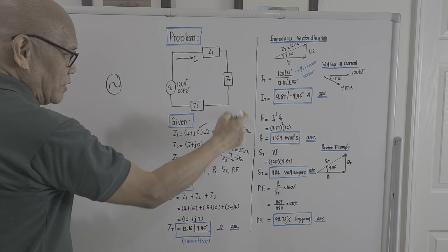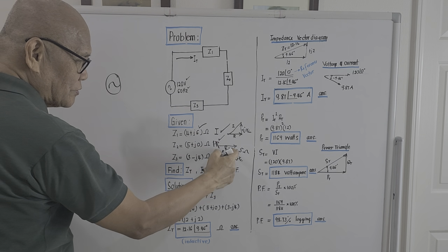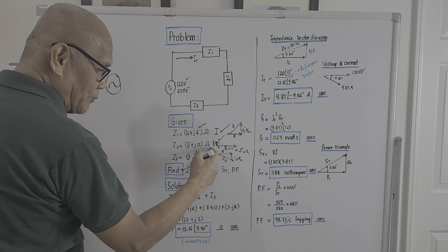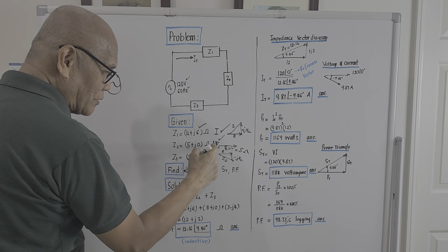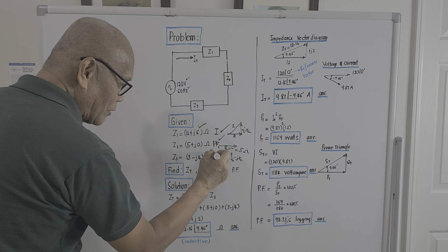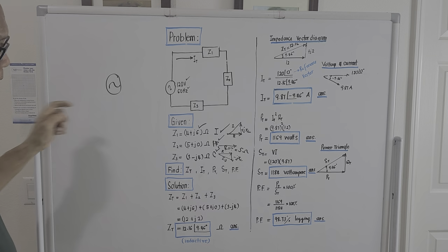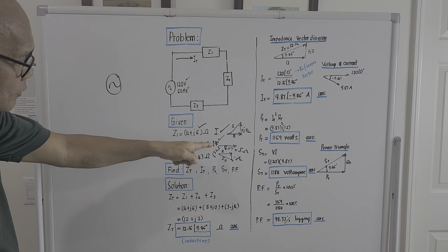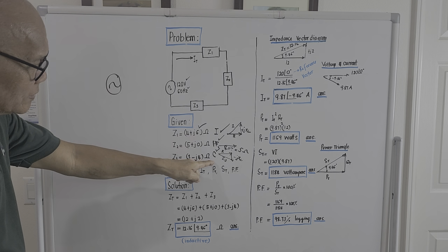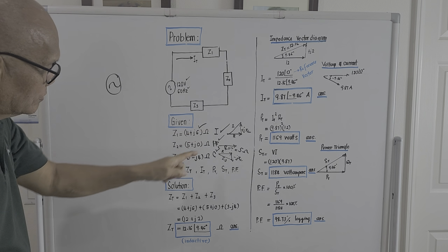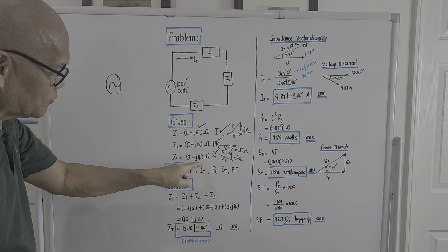So this is upward for inductive, downward for capacitive, and a pure horizontal line for a pure resistive load. This one is C, meaning capacitive. Pure inductive, pure resistance, and pure capacitance: 4 plus j6, 5 plus j0, and 3 minus j4.